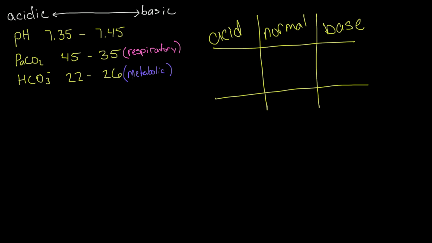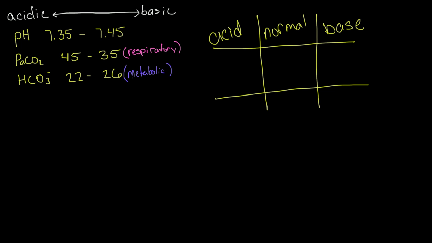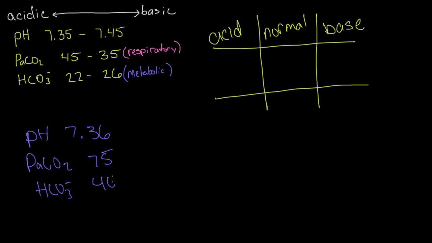Okay, let's look at another problem here. We have a pH of 7.36, PaCO2 of 75, and a HCO3 of 40. Okay, so remember our systematic analysis here.